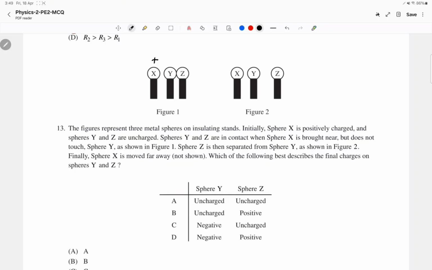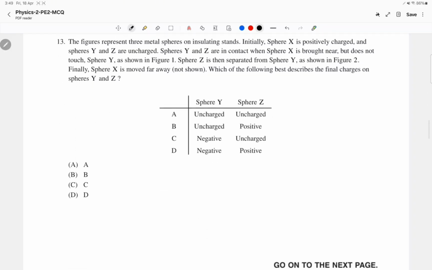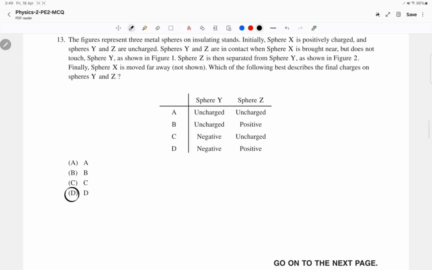Now look, if you are bringing a positively charged sphere, which is the X, next to those two spheres which are attached to each other, all the negatives will go here, and all the positives will go on Z. Exactly. And now if you have all the negatives here and all the positives here, so now Z became positive and Y became negative. So the answer is going to be D.